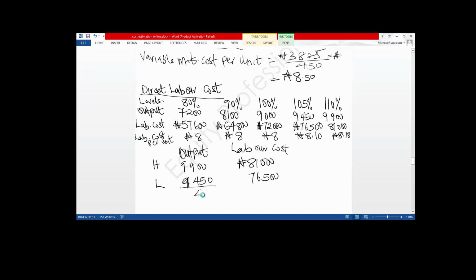Difference in units, 450. Difference in labor cost, how much? 4,500.